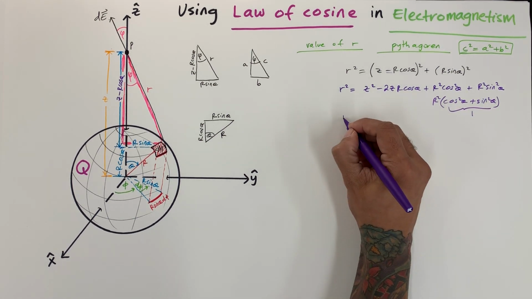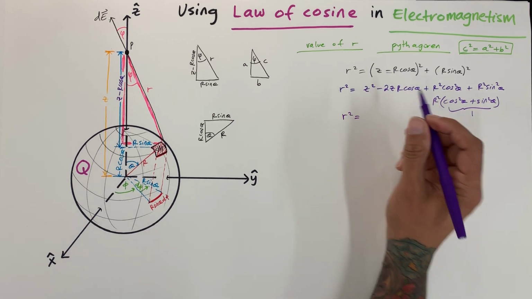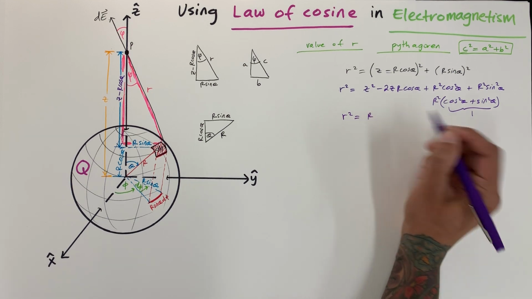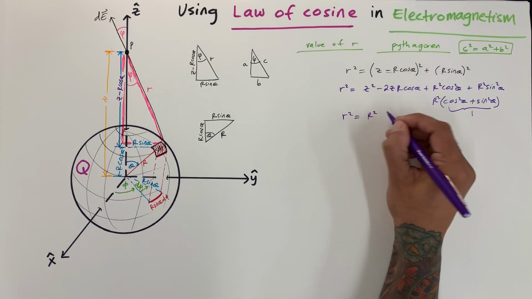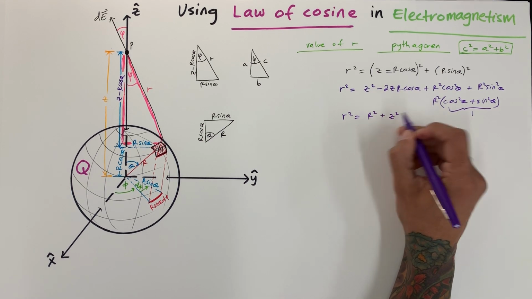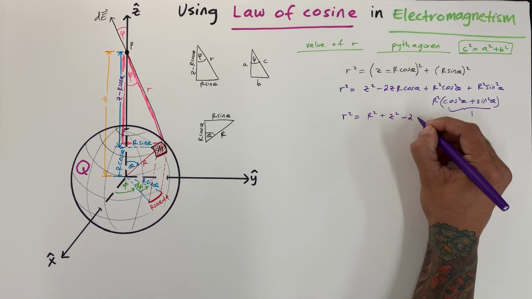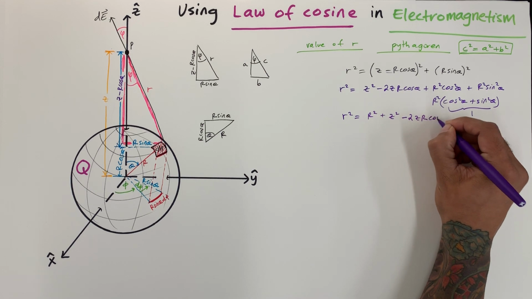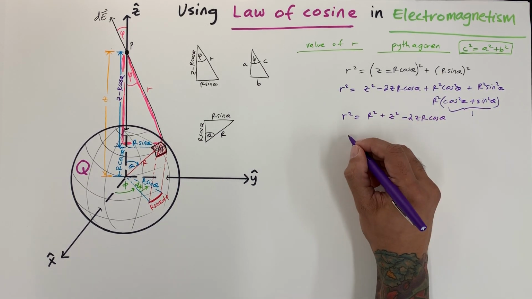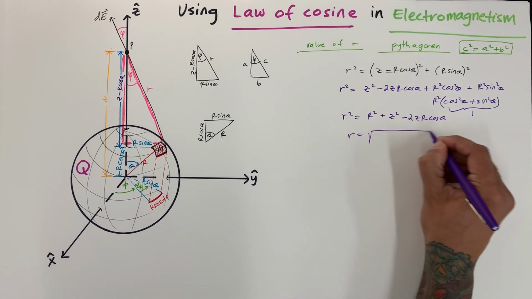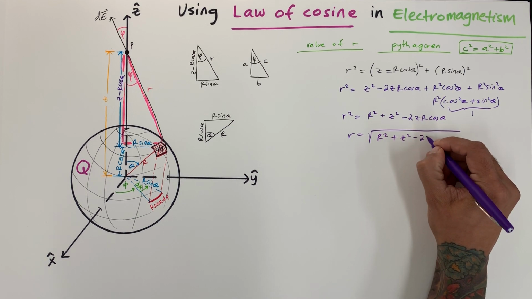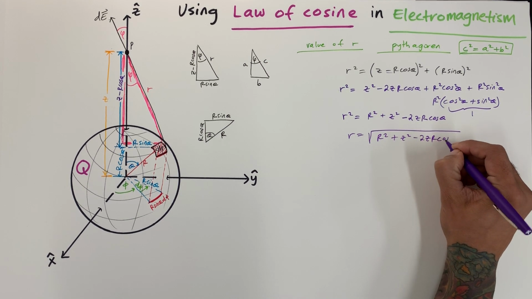And so now we get r squared is gonna equal, I'll move this big r squared to the front just for preference, plus z squared, and then minus 2zr cosine theta, and last I'm gonna put the square root over everything, and so we have the square root of r squared plus z squared minus 2zr cosine theta.